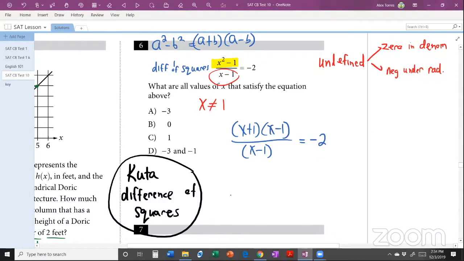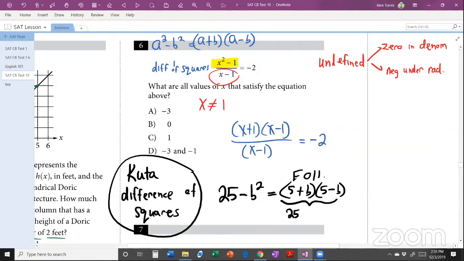For instance, I know from having done a lot that if I have 25 minus b squared, well, that's a difference of 2 perfect squares. It's a minus sign in the middle, and 25 and b squared are both perfect squares. So I know it's going to factor to 5 plus b and 5 minus b. Part of the process of learning that is foiling out the answer and realizing that every time I have the same 2 things with a plus and a minus, and I multiply them out, first times first for FOIL: first, outer, inner, last is the way you multiply this.